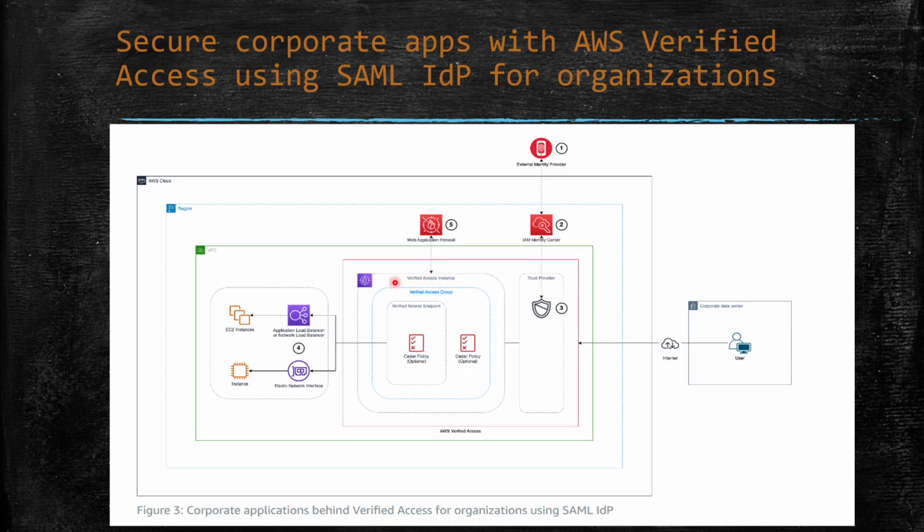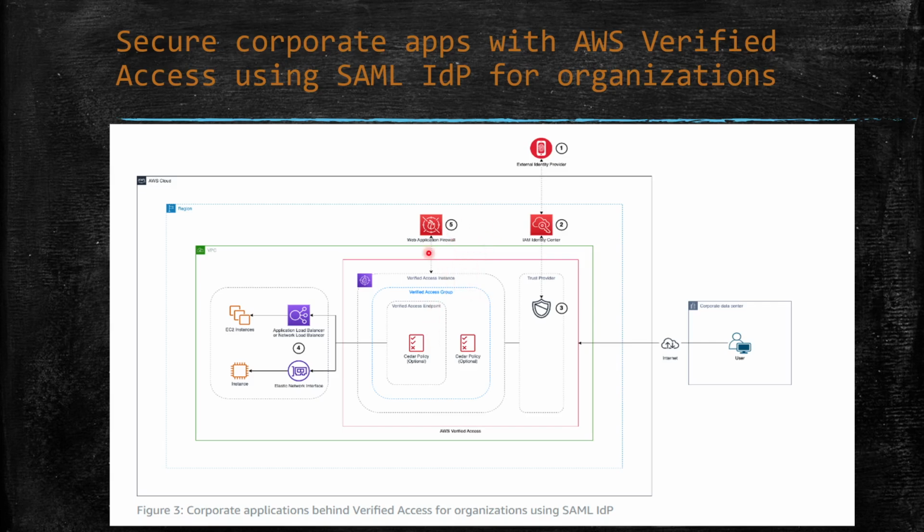One is the Verified Access instance and group, which has its own ability to manage the policies. Cedar is the policy management language under Verified Access, which allows you to grant granular-level policies whenever traffic or a user authenticates. I'll explain how.